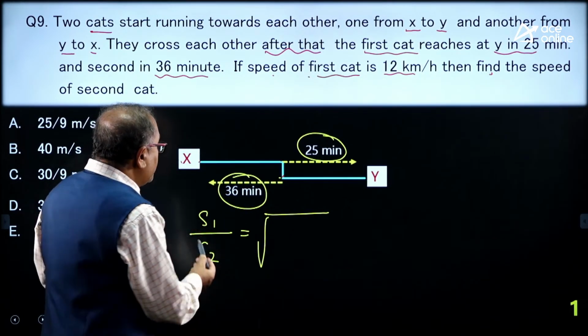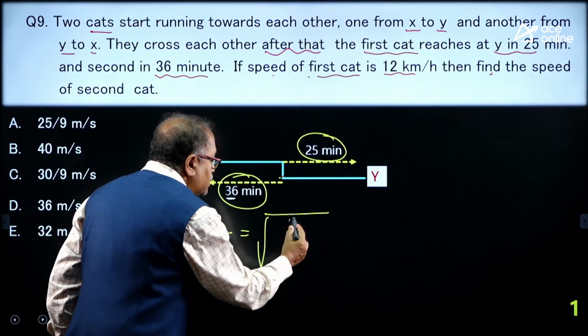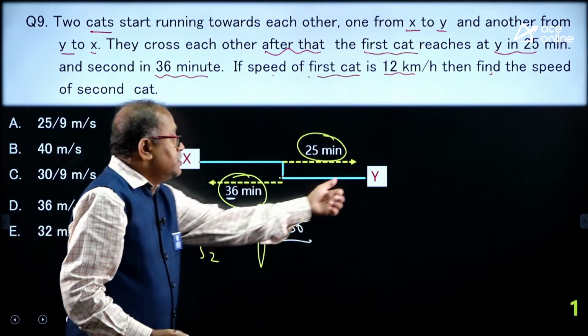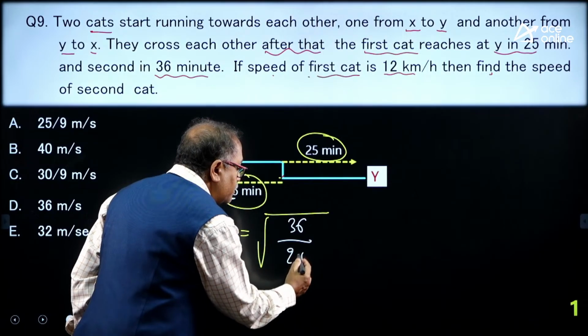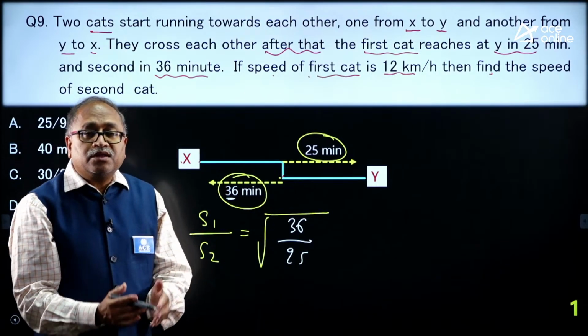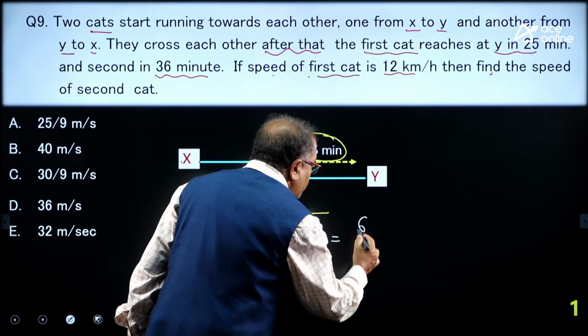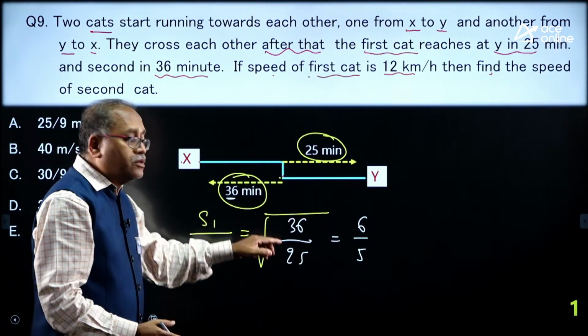Here for speed 1, you have to take this 36 minutes, and for speed 2 which comes from y, you have to take this 25, and that comes to 6 by 5. So, this is the ratio of speed 1 to speed 2.